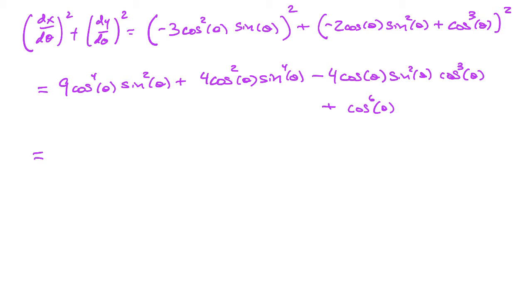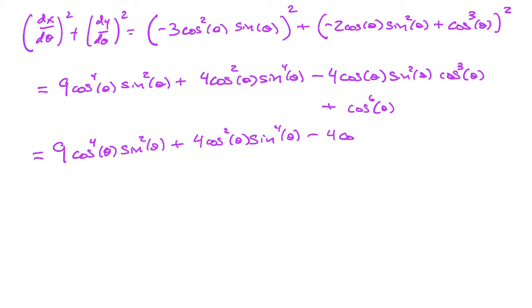Well, let's see how we can combine these now. So that's going to give us a 9 cosine to the 4th theta sine squared plus a 4 cosine squared sine to the 4th minus a 4 cosine to the 4th sine squared, and then plus a cosine to the 6th.